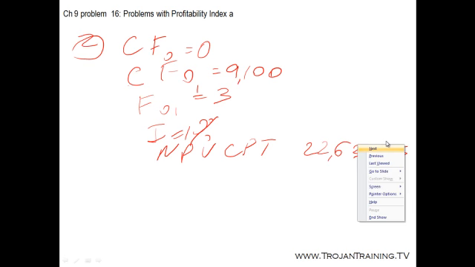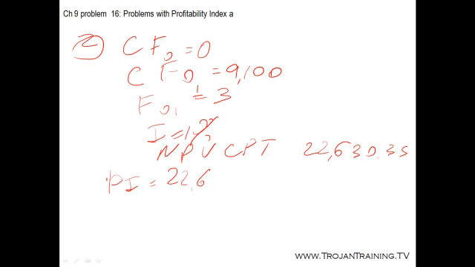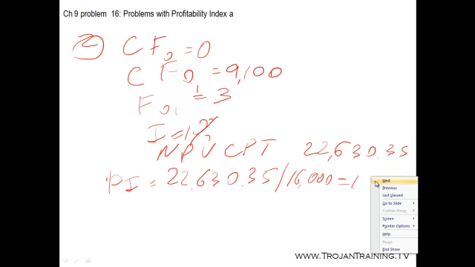35 cents. So the profitability index is 22,630.35 divided by the initial investment for project 2, which is 16,000. So it's 1.414.